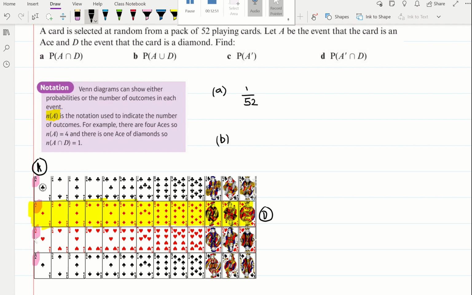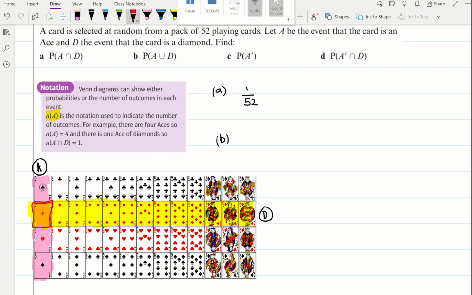And then for B, they say what is the probability of the union of A and D? Well, the union is everything, all of A and all of D. Now, notice that this is repeated. So 4 cards, and that's 13 cards, but actually one of them is repeated.